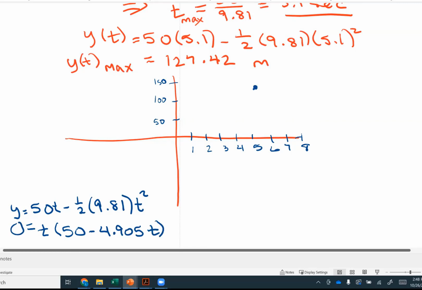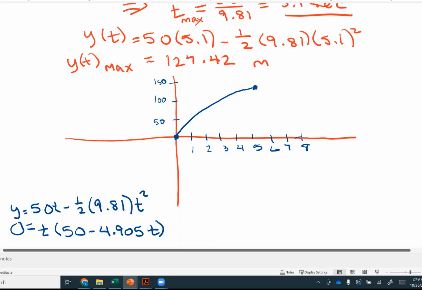If I set this equal to 0, I can find my x-intercepts, which is one thing I really need to do. And I do know that one of my x-intercepts is at 0. I can also tell because parabolas are symmetric. So the distance from here to here in the x direction is 5.1. Since it's symmetric, it's going to do the same thing in the other direction. I don't even have to figure it out.